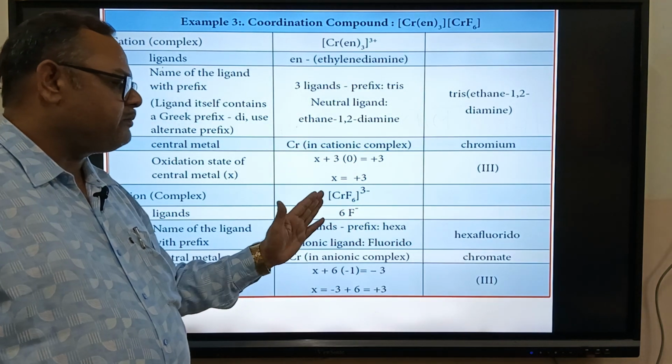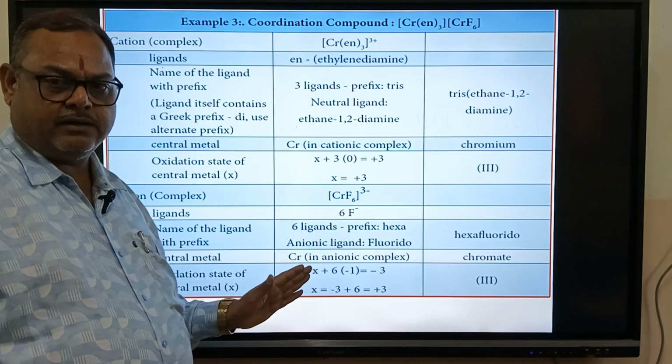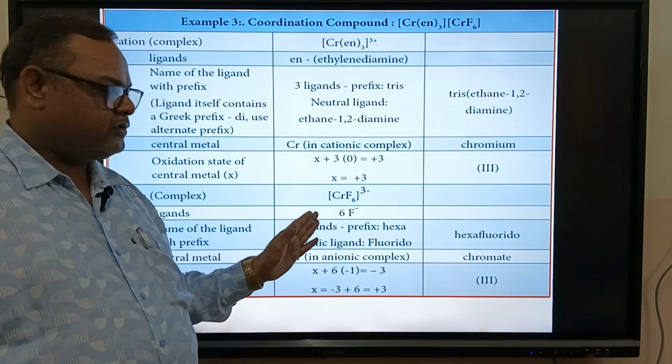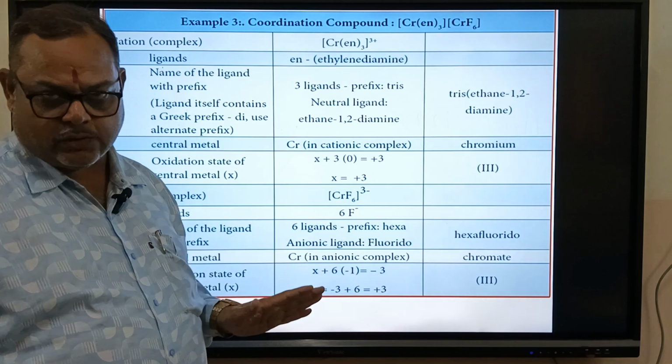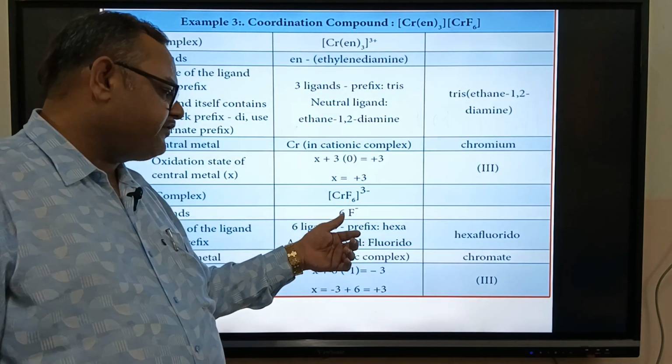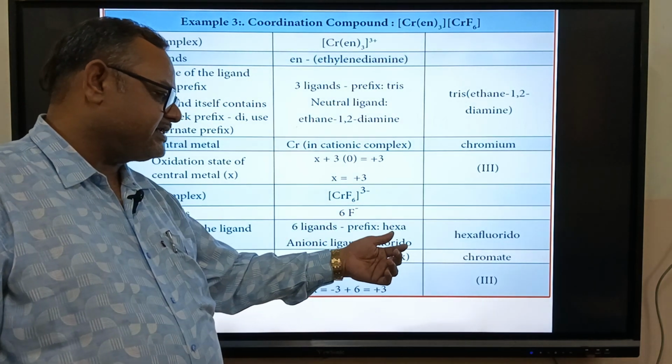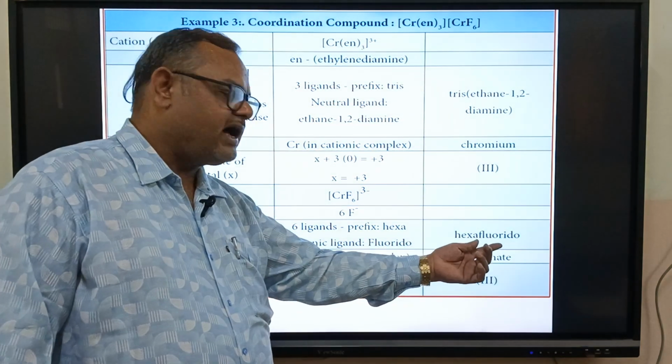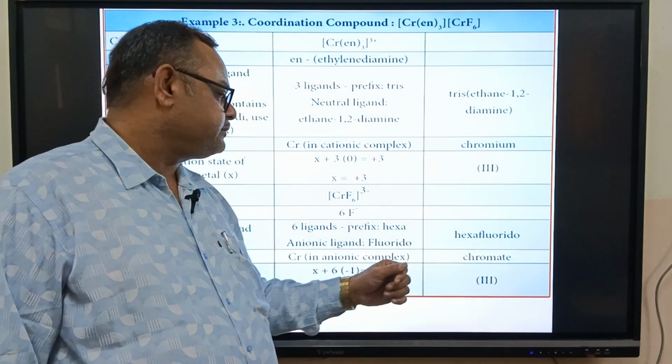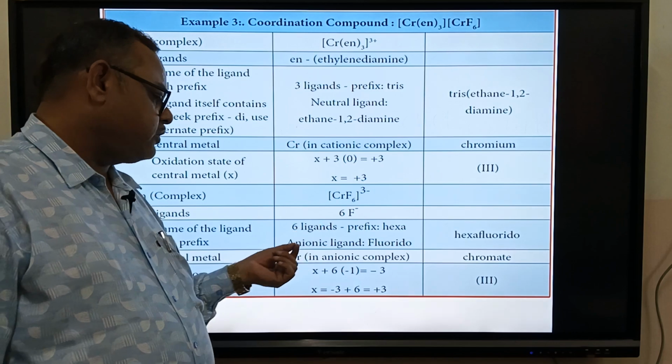Now we will be writing the name of the anionic complex. In the anionic complex we have fluoride ion and the number is 6. So fluoride is written as fluorido, and since we have 6 fluorine, the prefix will be hexa. So the name becomes hexafluorido. Then the central metal, chromium.